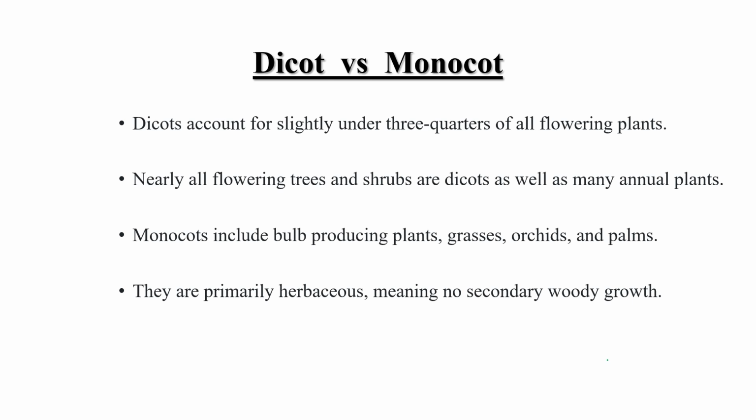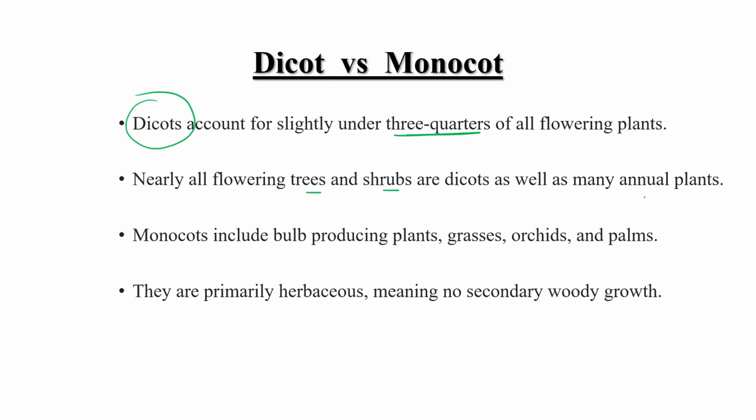Now, if we compare dicot and monocot, 3/4 of all flowering plants come under the dicot category. Nearly all flowering trees and shrubs are under the dicot category, as well as many annual plants.